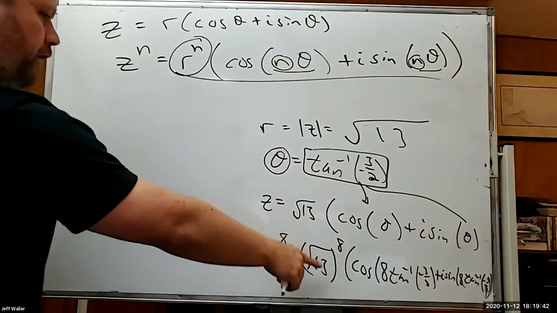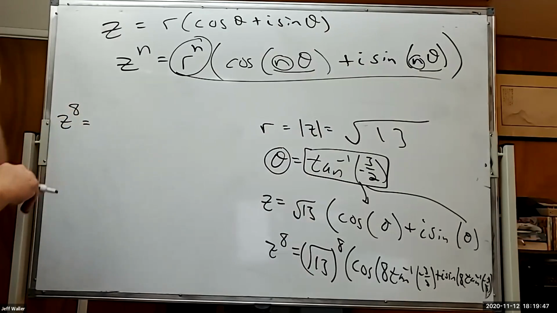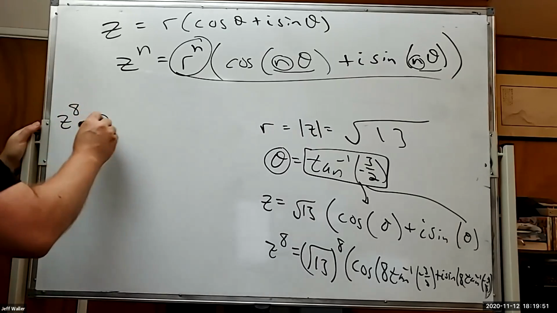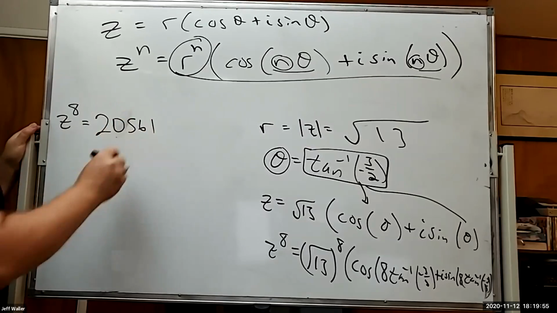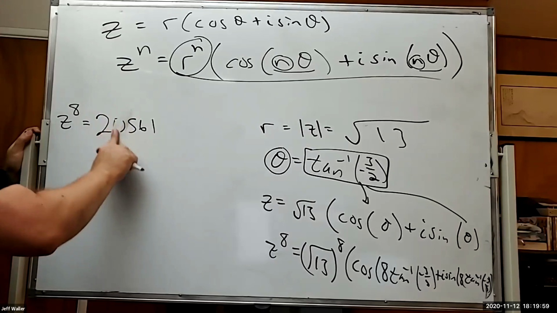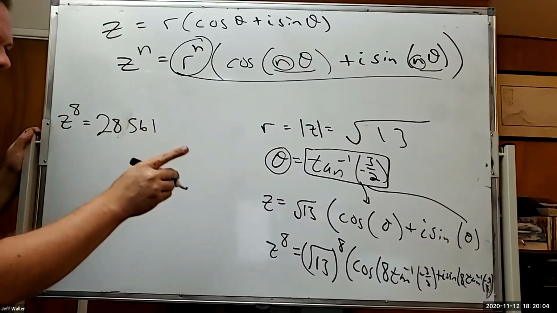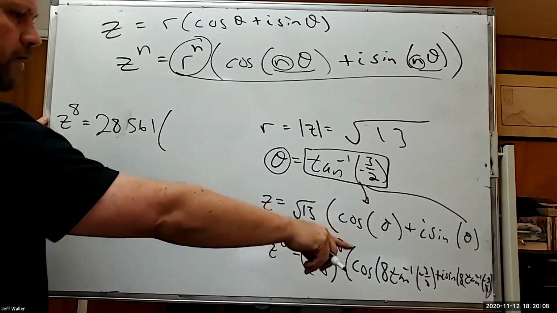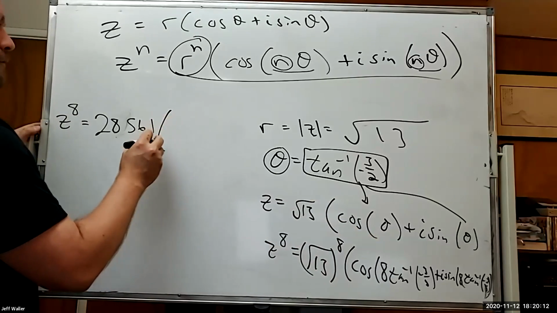What's the square root of 13 to the 8th power? 28,561. Yeah, that sounds familiar. And then I've got cosine of that plus I sine of that. Stay with me, everybody.